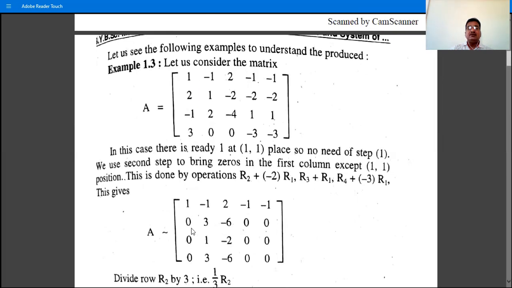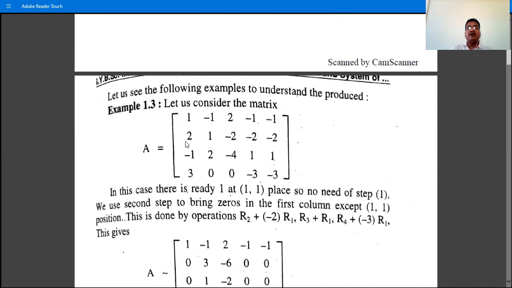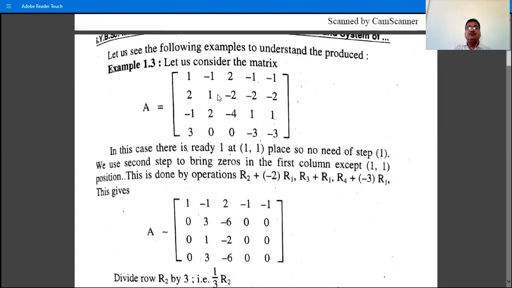If all the entries in the first column are 0, then we reduce the 12 place element to 1. And then, if you reduce this element to 1, reduce the elements below it in that column to 0.